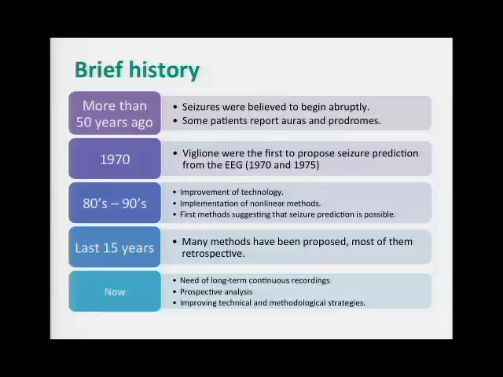With that, as I told you, a framework for seizure prediction was established in the last years, and now we know that we need long-term continuous recordings for a predictor to be useful or feasible. We need to do prospective analysis, for sure. We will talk about it later.